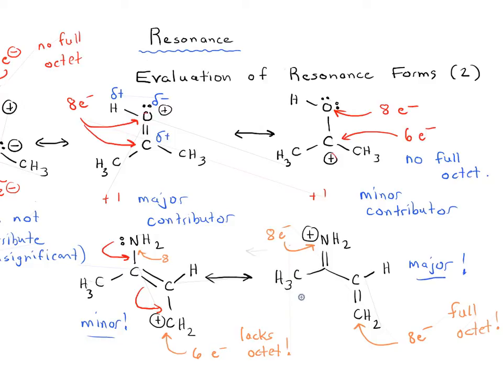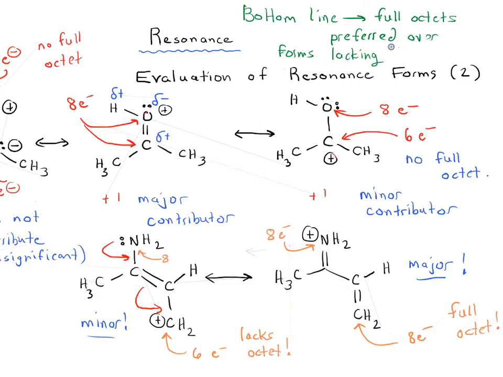Our resonance hybrid would have more of the structure on the right than the structure on the left. So the bottom line here is really that we want to have full octets. Full octets are preferred over forms lacking a full octet.